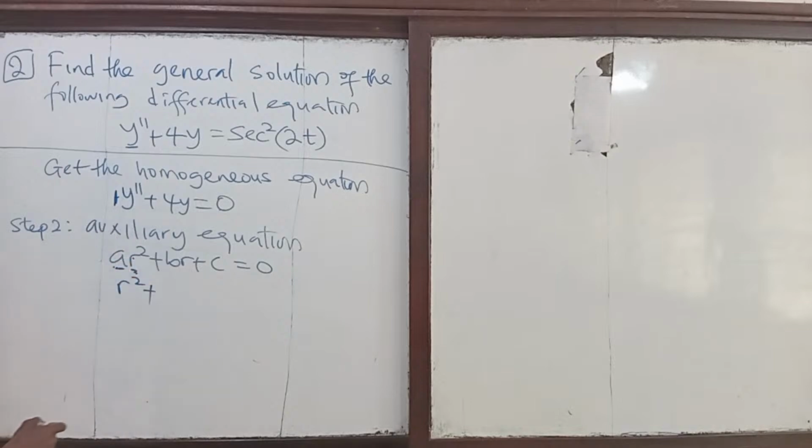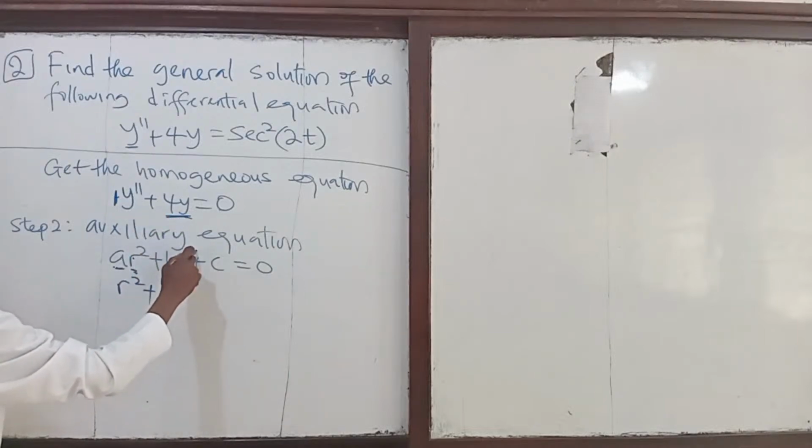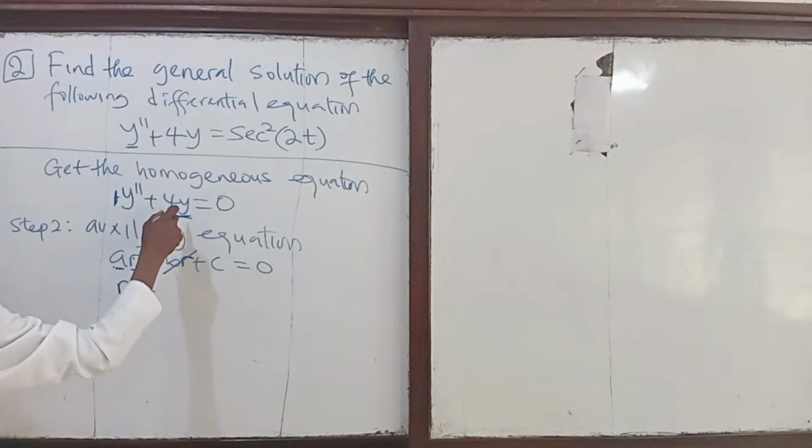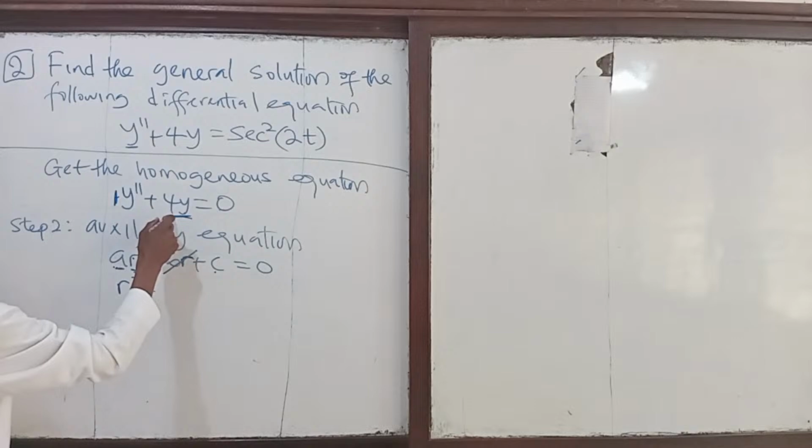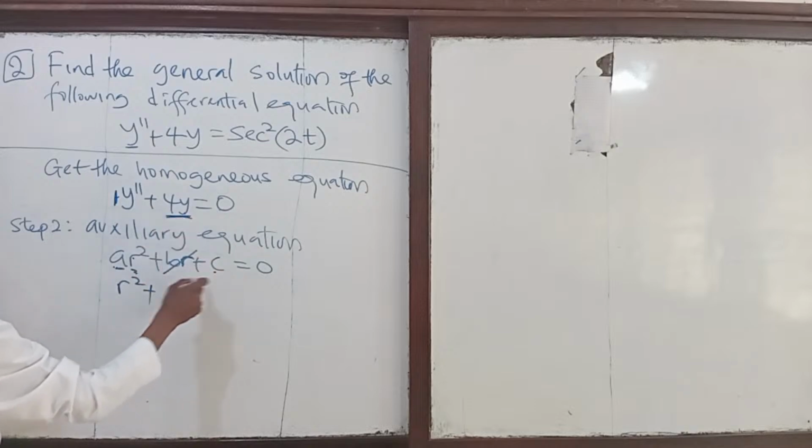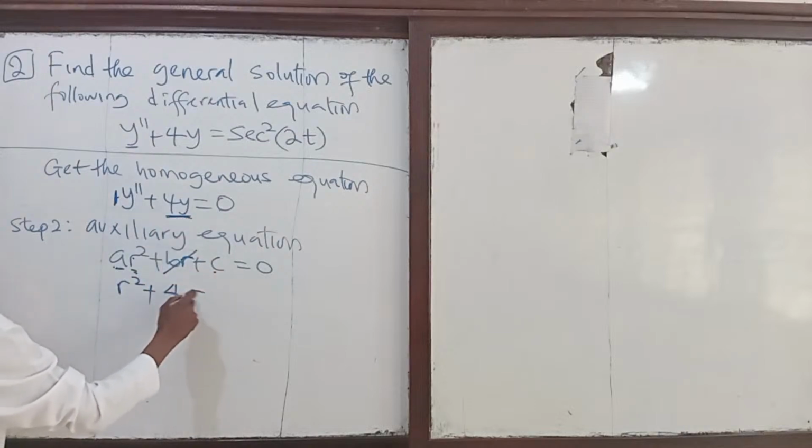R indicates the first differential, and there's no first differential here, so we cannot correspond anything in this place. The attachment to your y is the constant coefficient C, so that's 4, equal to 0.